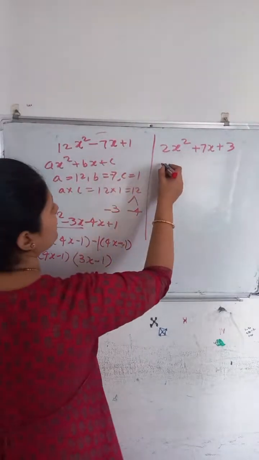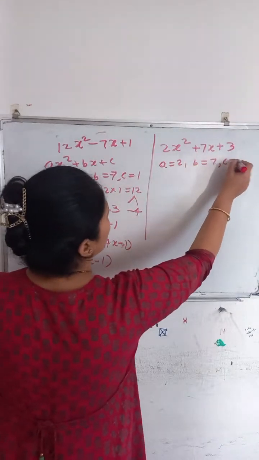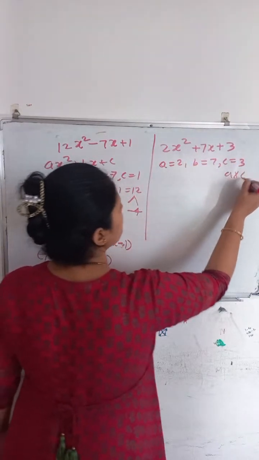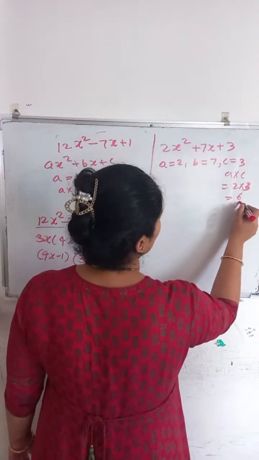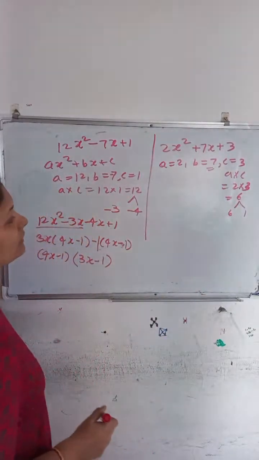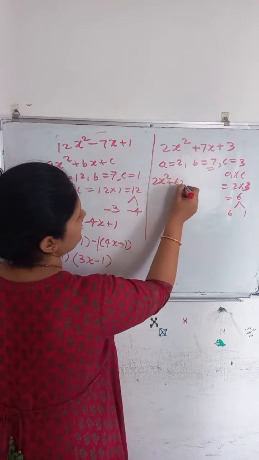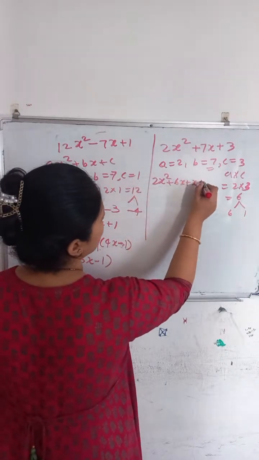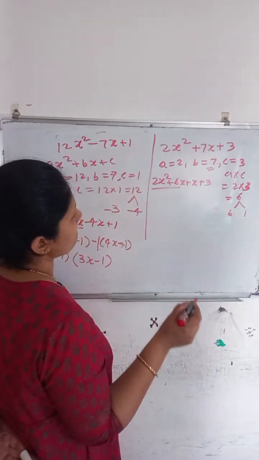Now here a is 2, b is 7, c is 3. a into c is 2 into 3, that is 6. Six ones are 6, and the sum is 7. So we can write 2x² + 6x + x + 3.